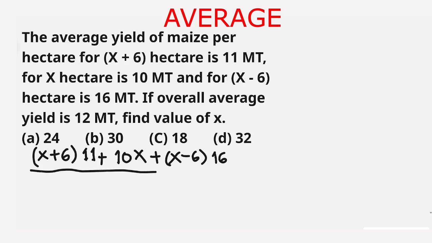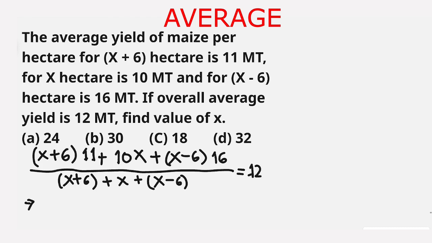So the average yield will be this divided by x plus 6 plus x minus 6, which is the total hectares, and this is equal to 12 metric ton given to us.